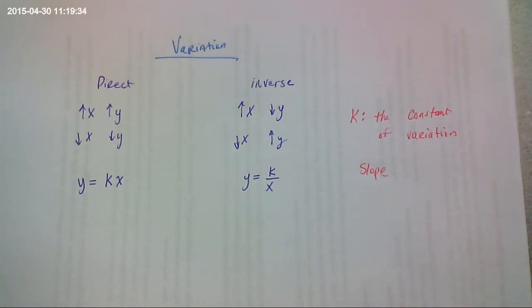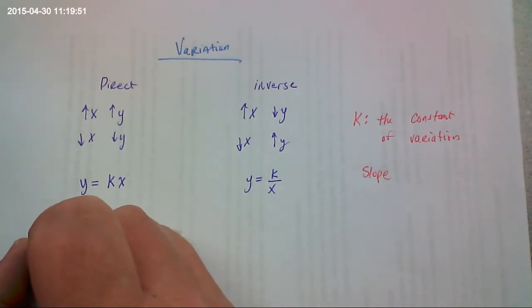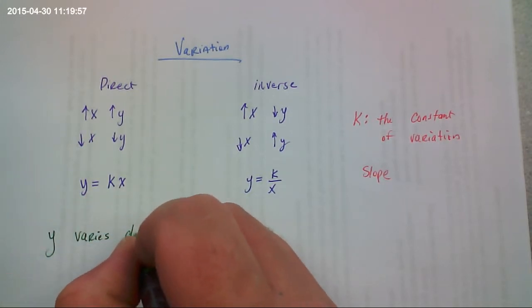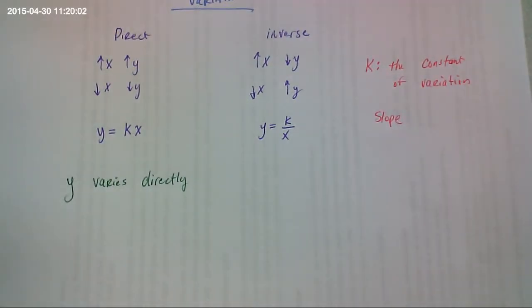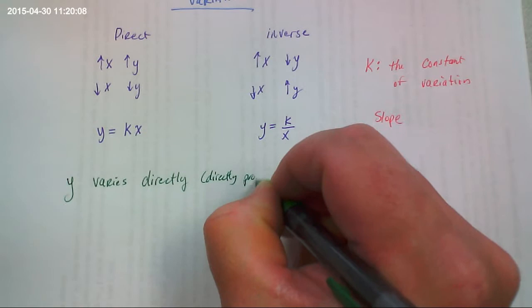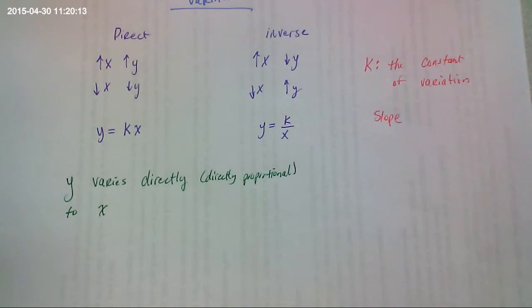Now, the tricky part about these problems is a lot of times the problem will not ask you to find k, the value of k, but you have to in order to answer the question. So let's try two. I'm going to make these up off the top of my head, so hopefully they're not too complicated. One will say, for example, say y varies directly. Often it might say, instead of varies directly, it might say is directly proportional to x, or it might say with x.